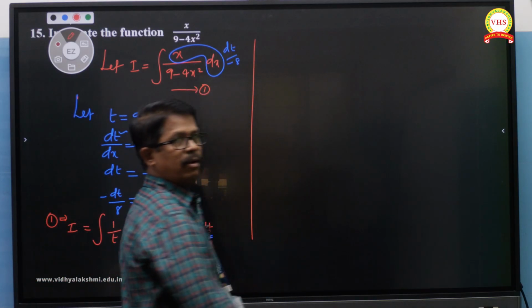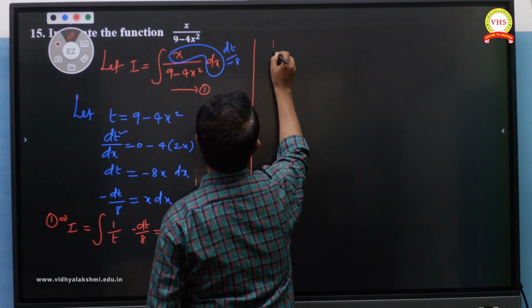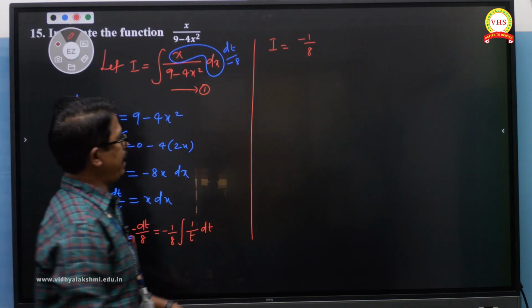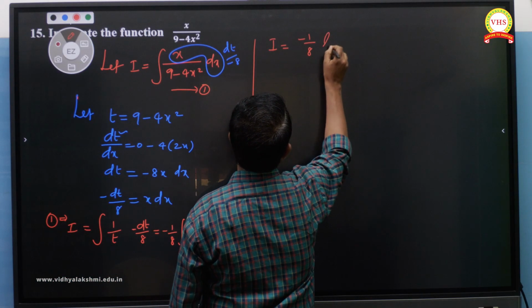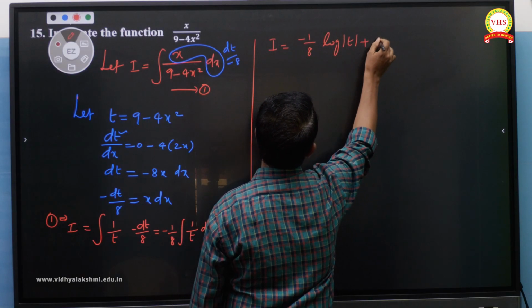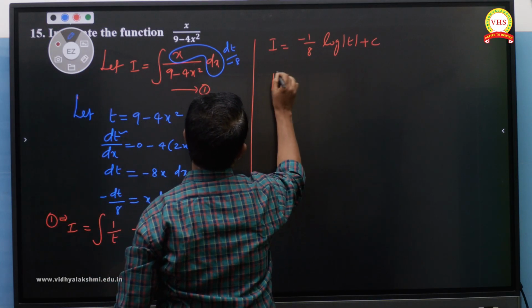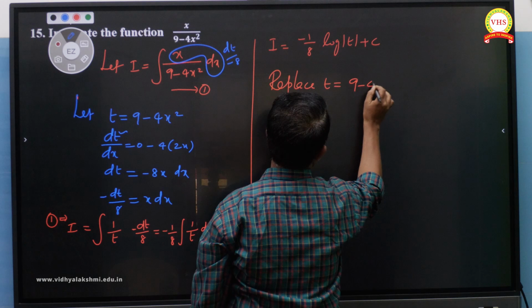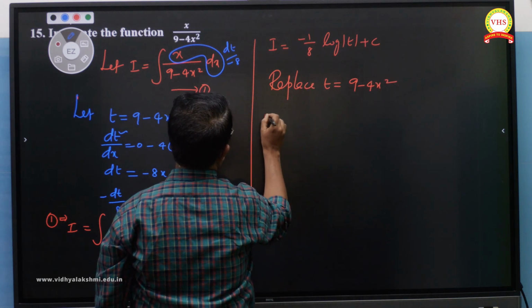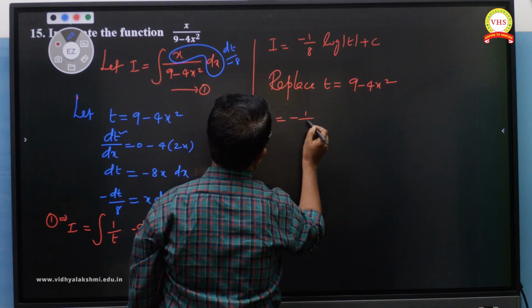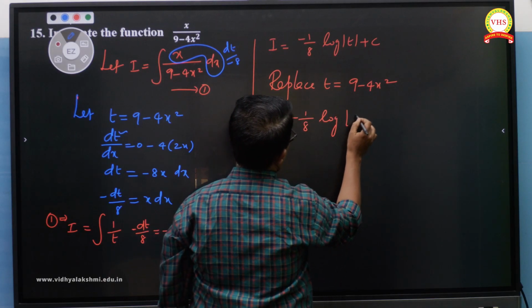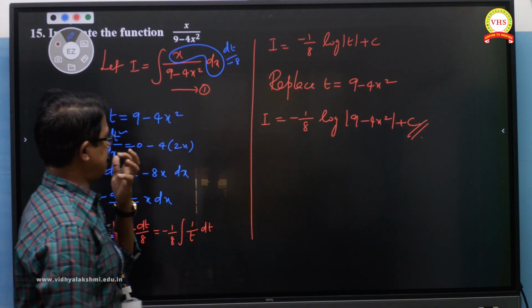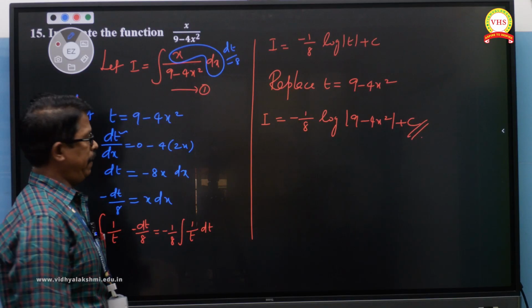Then the final integration: I equal to minus 1 by 8 into log of t plus c. Now replace t as 9 minus 4x square. The conclusion for the given function is minus 1 by 8 into log of mod 9 minus 4x square plus c. This is the integration of the given sum. Okay. Next.